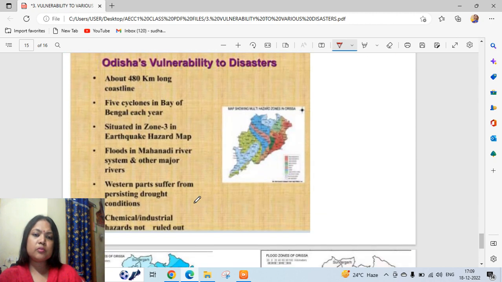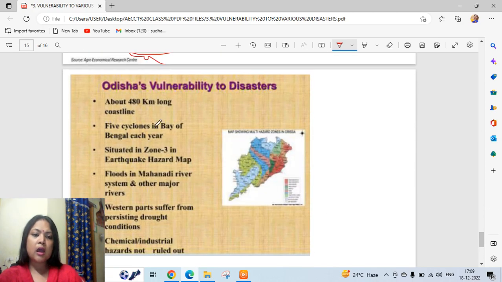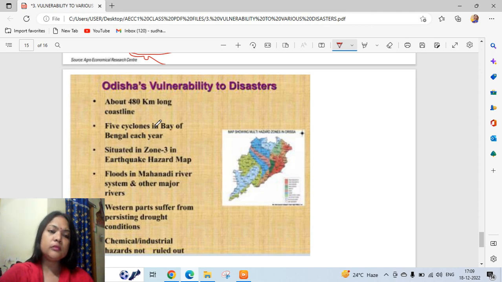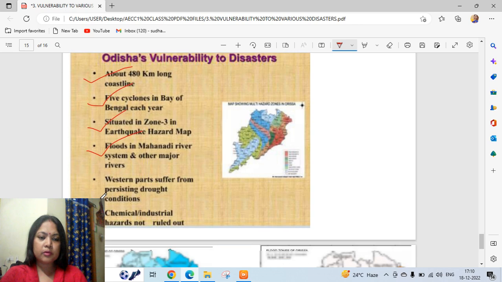Then Odisha's vulnerability to disaster. We will just finish with this, how our state is vulnerable to various disasters. You know that we have about a 480 kilometer long coastline, and 5 cyclones in the Bay of Bengal come to our state each year. It is situated in zone 3 in the earthquake hazard map, and floods in the Mahanadi river system and other major rivers are usual for our state.